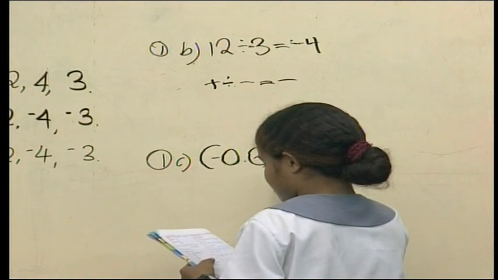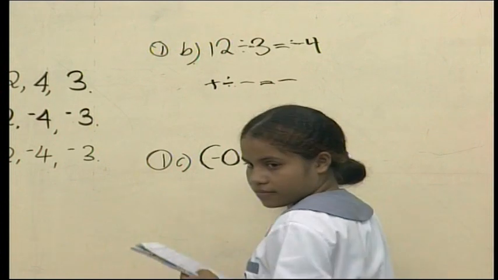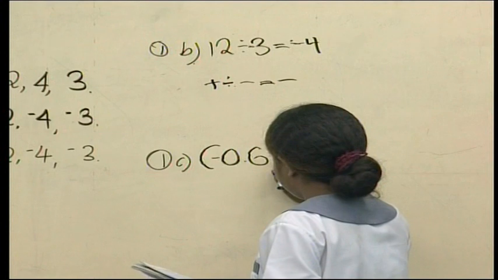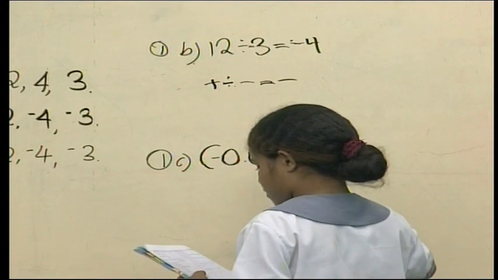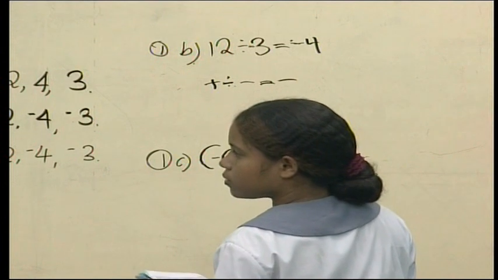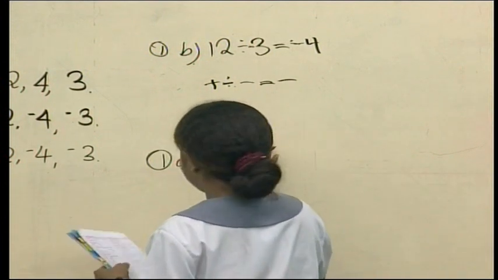One C. Negative 16 divided by negative 4.